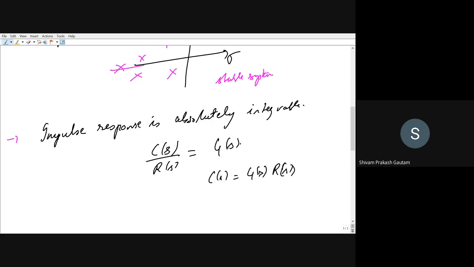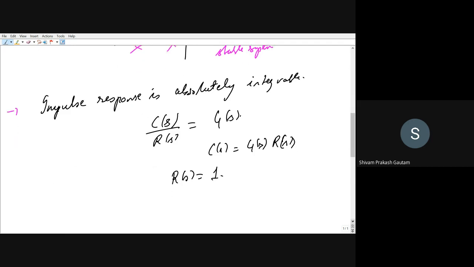Now, provided here that R(s) is equal to 1, that is, we are considering that the input to that system is an impulse function, right? We know that the Laplace transform of the impulse function is 1, where r(t) is equal to delta(t). Then C(s) will be equal to G(s).